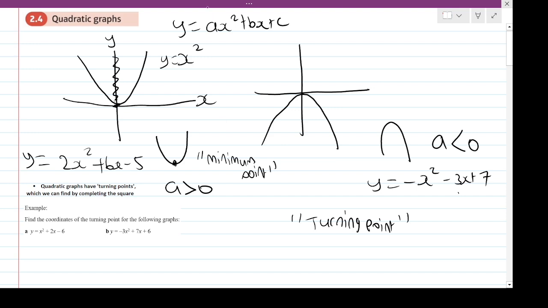When you plug in any value of x into ax squared plus bx plus c, which is what you're plotting, the smallest possible value of y you get out of that is at this point here, which is the minimum point. And hopefully you can see that. Its dip is there, so it has to be a minimum.